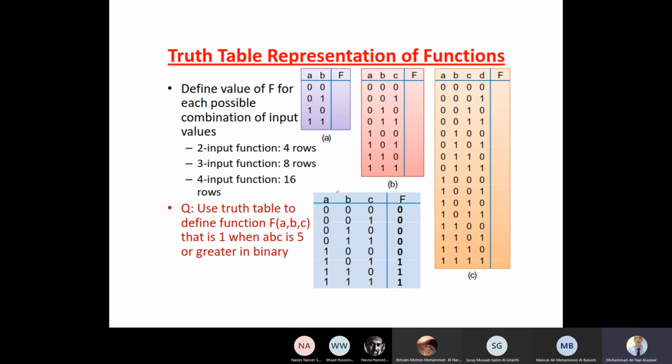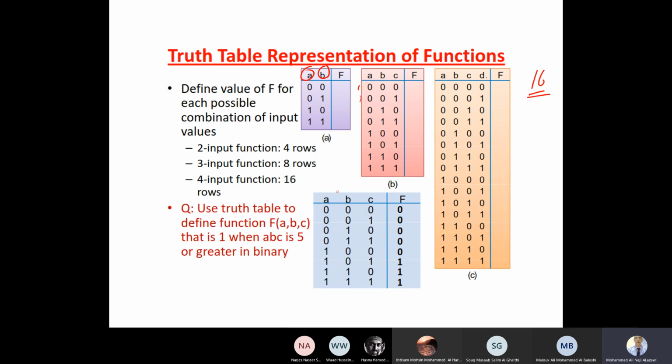For example, in the first truth table we have only two inputs, A and B, and I have 4 cases: 0 0, 0 1, 1 0, and 1 1. If I have 3 inputs, then I have 8 cases. If I have 4 inputs, A, B, C, D, then I have 16 rows that I need to manipulate.